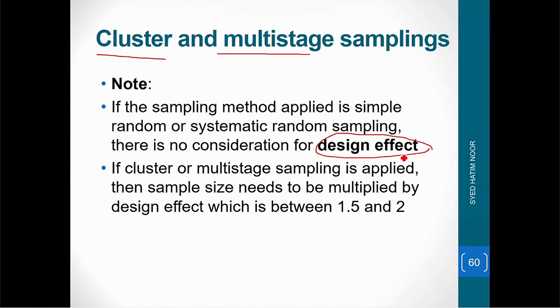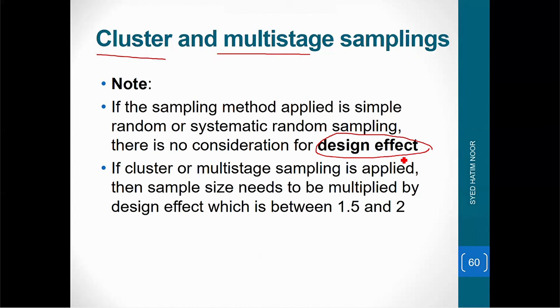Cluster means, for example, you take from a school. You don't do any sampling, you take the whole class, so it's considered one cluster. They are homogeneous, for example, standard 4. Everybody is standard 4. When you divide the class, I don't know nowadays, but last time we divided the class based on exam performance.